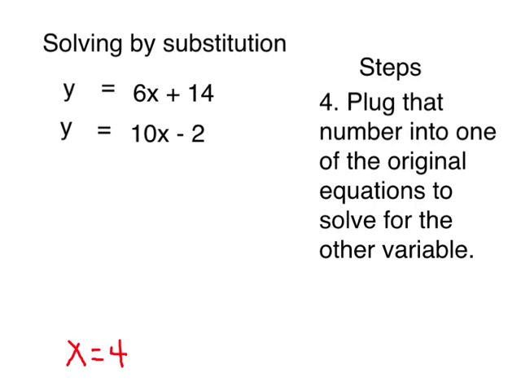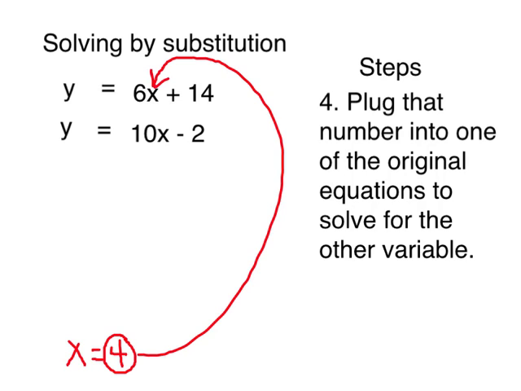So I'm going to take this 4 and I am going to plug it in for that x right there. So now I'm going to have y equals 6 times 4 plus 14, and I can find out what y is.